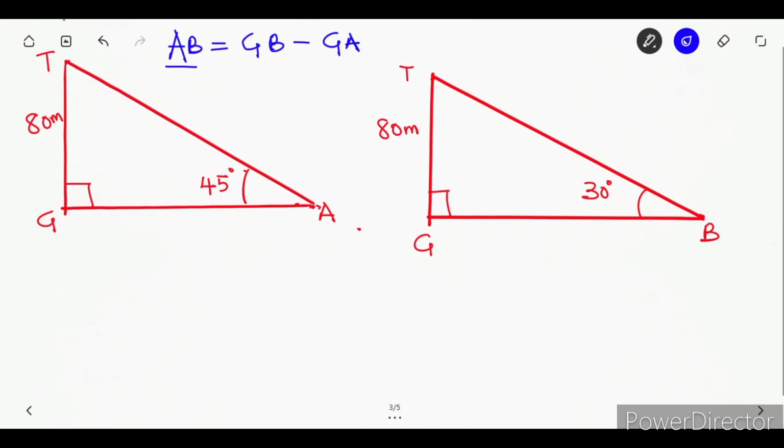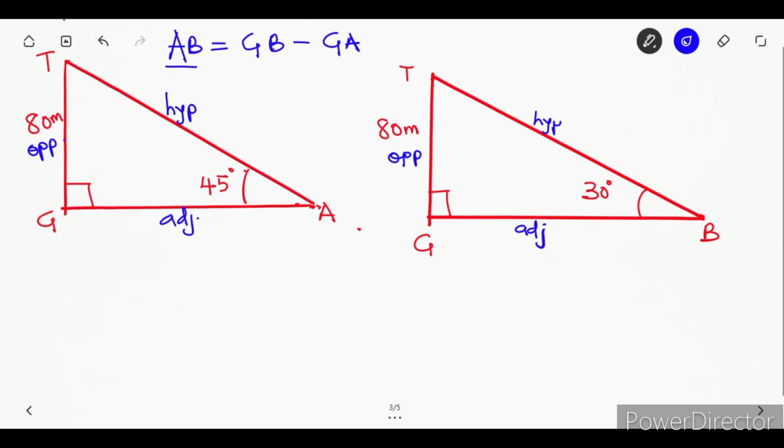So first I need to identify the sides of the triangles. This side is facing the angle, so this comes to be my opposite, and here will be my adjacent. And then this is always constant, which is the hypotenuse. Then here I have the opposite, I have the hypotenuse also, then I have the adjacent, this side.